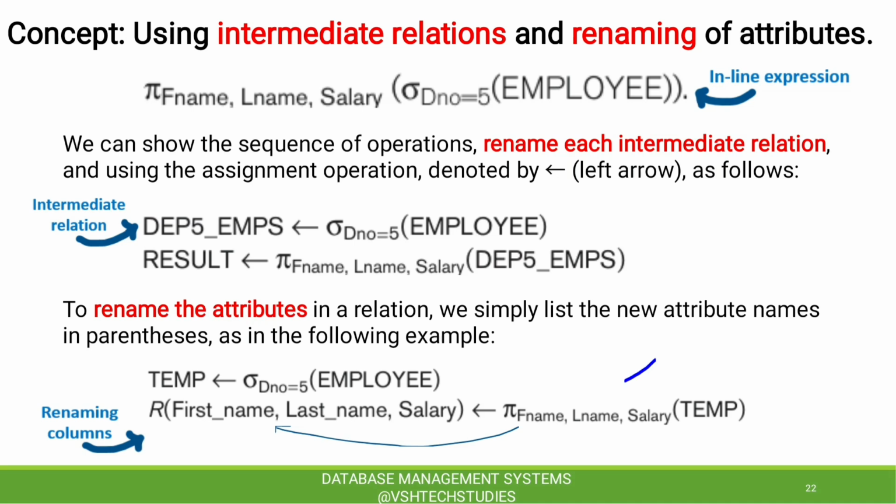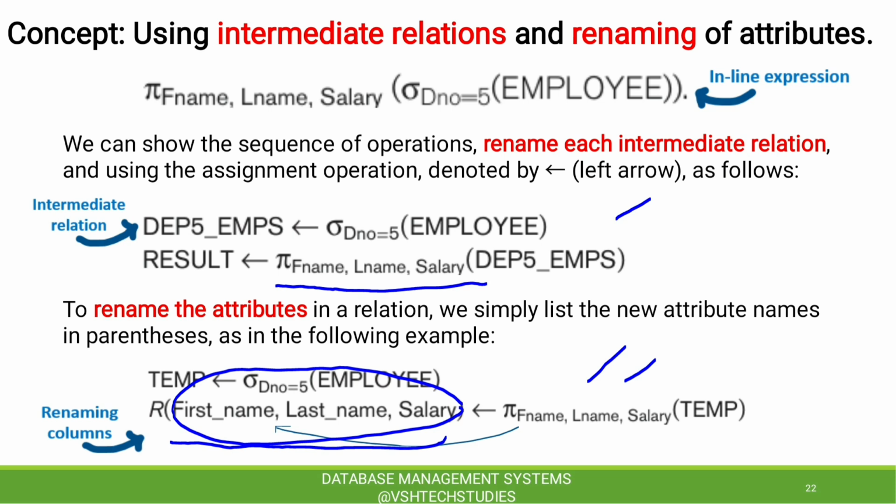Another set of operations: if you observe, the difference between this and this is that the final result after the project operation has one more operation, renaming of attributes. This sends a relation in which 3 attributes, or columns, are present: F name, L name, salary.